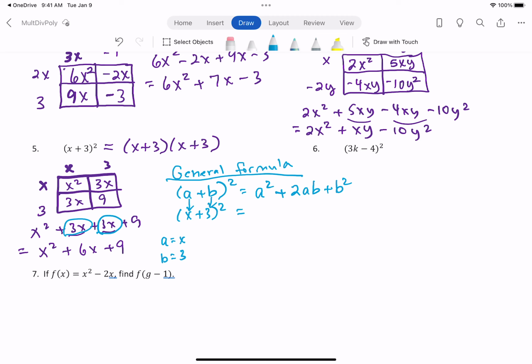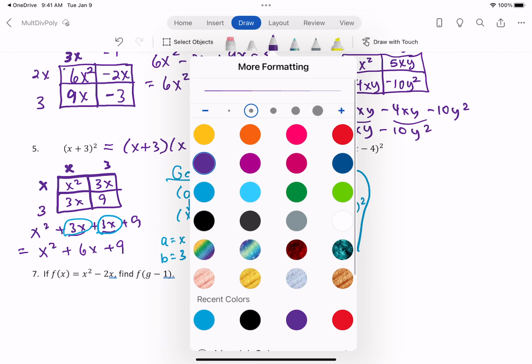It says a squared, so a in this case is x, plus 2 times a is x, b is 3, and then b squared. And you see what I get is x squared plus 2 times x times 3 is 6x, and 3 squared is 9. So we got the same thing using the shortcut. You can use either one, okay?